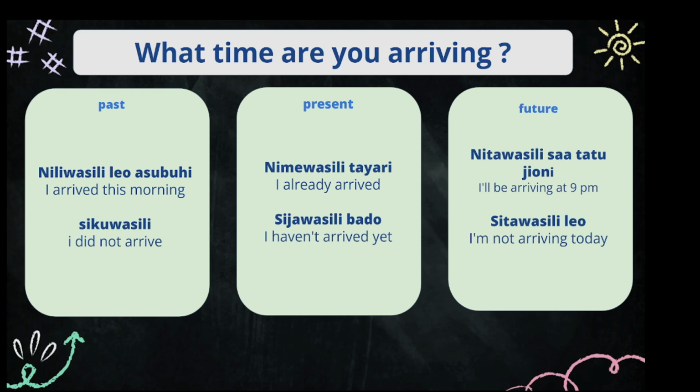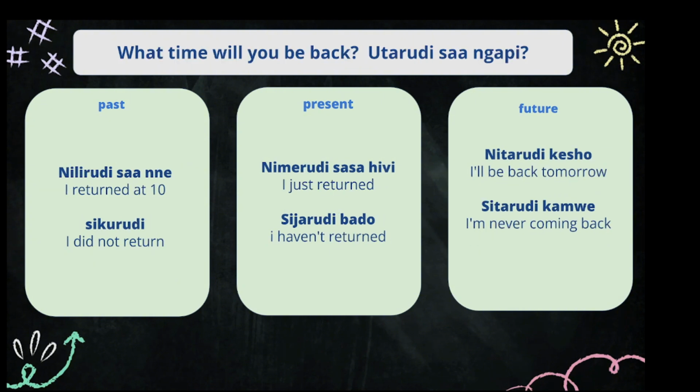But that's one other time. Let's not tax our minds with things that we don't need to worry about right now. But just know that nitawasili saa tatu jioni means I will be arriving at 9 p.m. Change your plan. I'm not arriving today. Sitawasili leo.